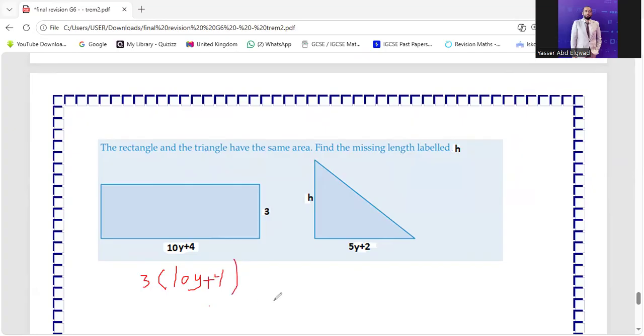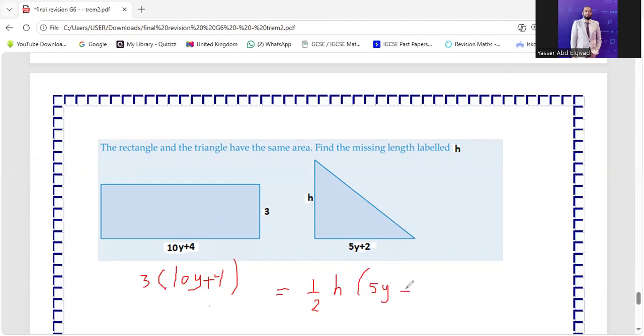And here is half multiplied by h multiplied by base. The base is 5, and he said that the base is 5y plus 2.